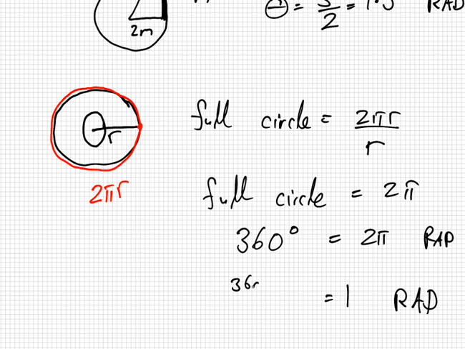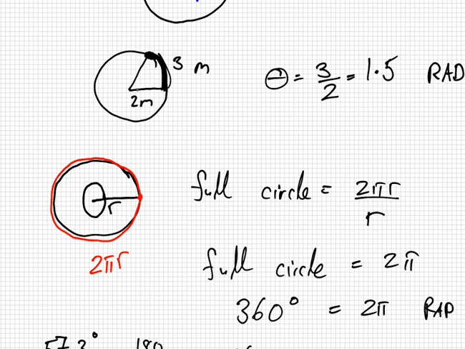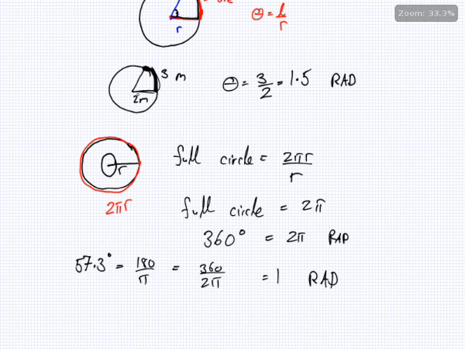I'll do it in red. If I call this L, theta is L over R. So one way we could measure the angle if we don't want to use degrees is we could use this number divided by this number.